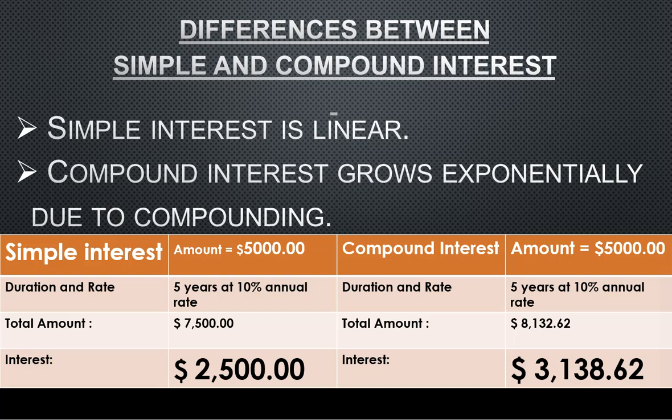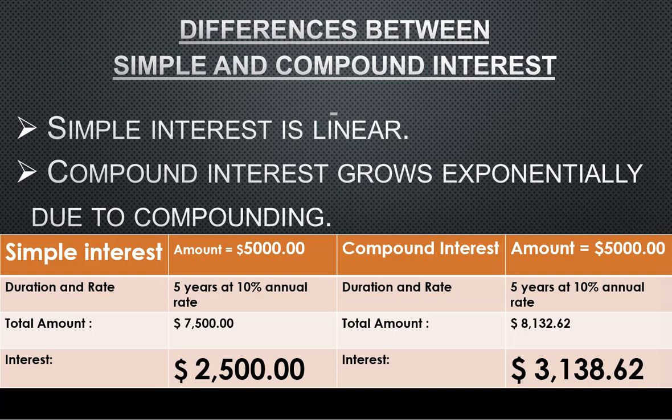Now compare that one with the compound interest. The same amount, the same number of years, the same rate. Total amount is approximately $8,132.62. Now when you subtract to find the interest, it's going to yield an interest of $3,138.62.